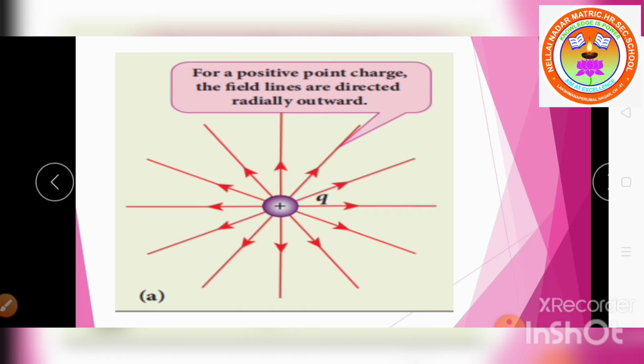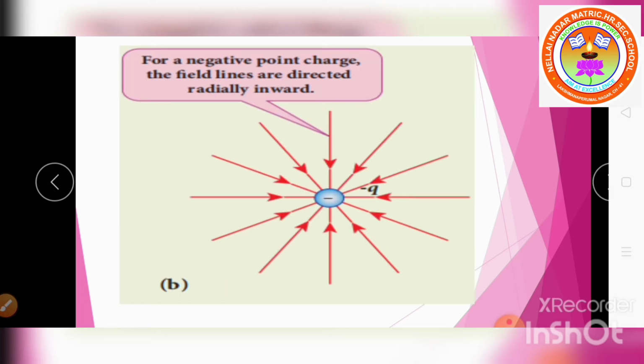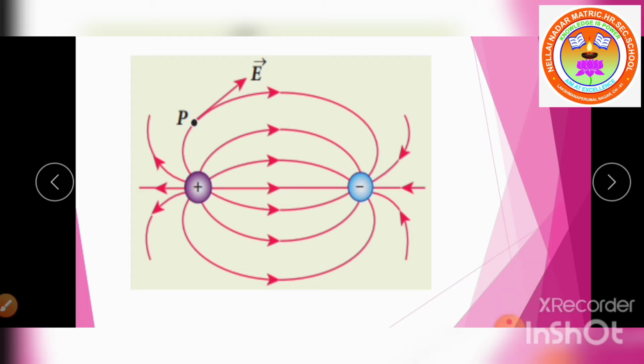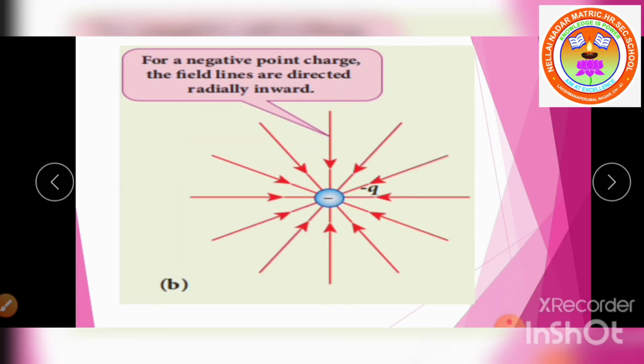Understand, children? So the electric field lines start from a positive charge and end at a negative charge or at infinity. So this is the first point.